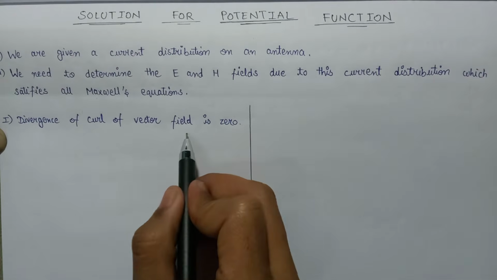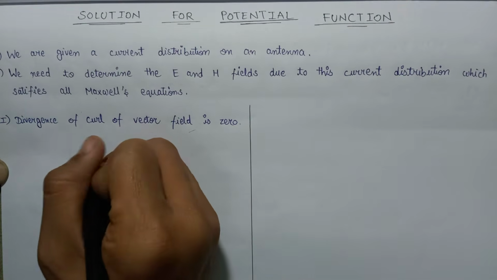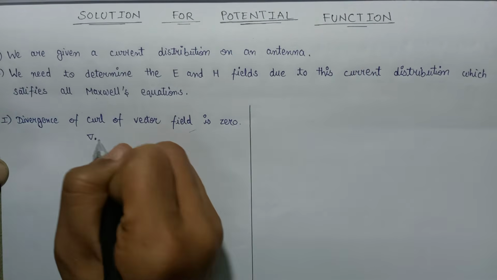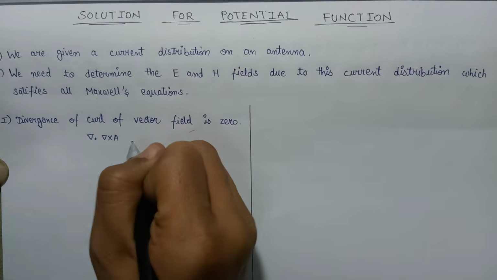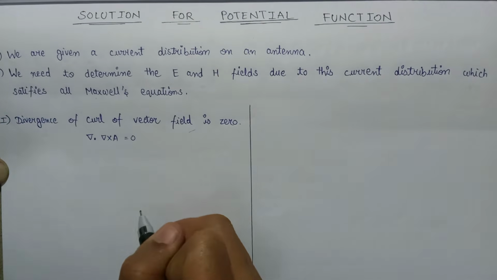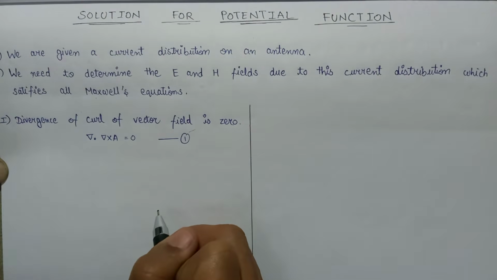This is a fact that we all know. According to this fact, we can say that the divergence of del cross A, that is curl, will be equal to 0. Let me give it as equation number 1.